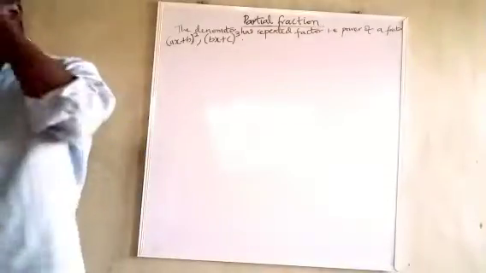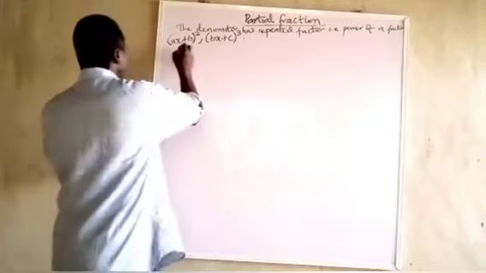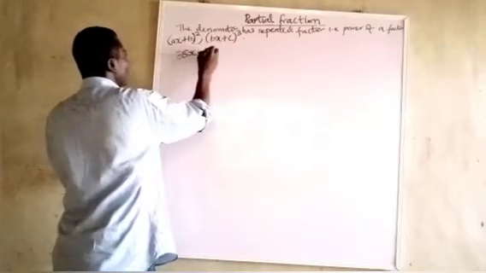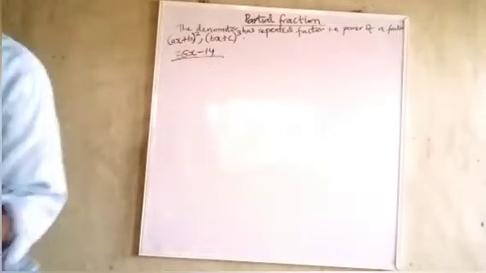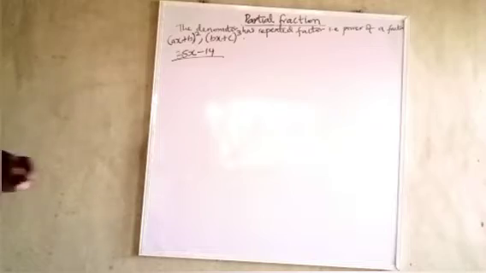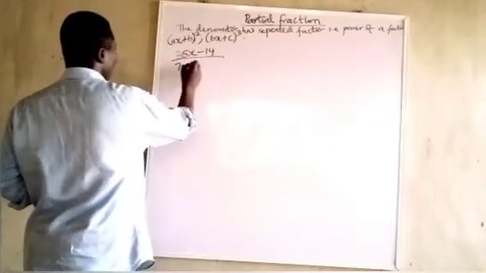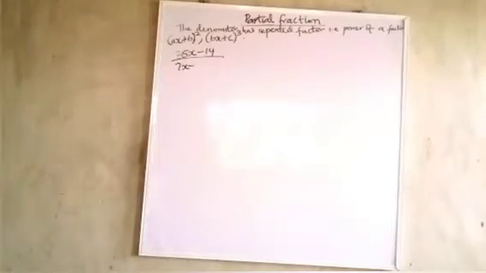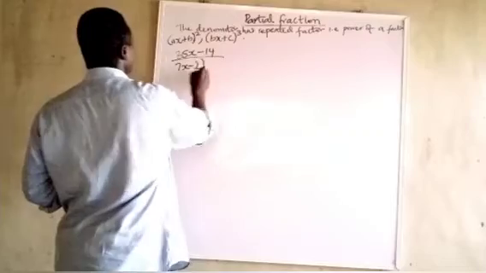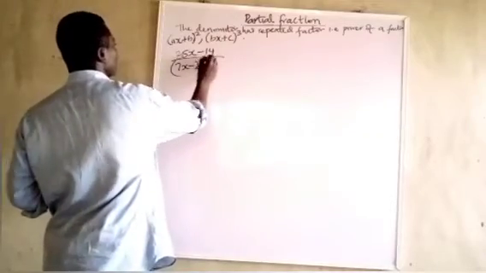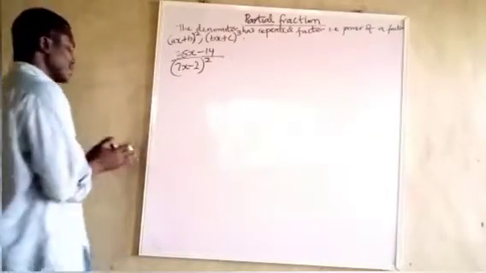Let me explain by an example. 35x minus 14 over 7x minus 2 squared. I am going to express it like this.